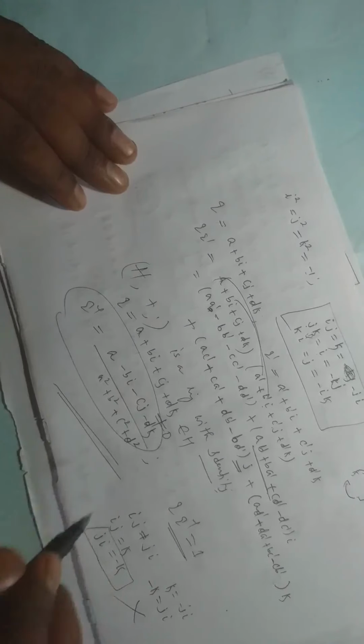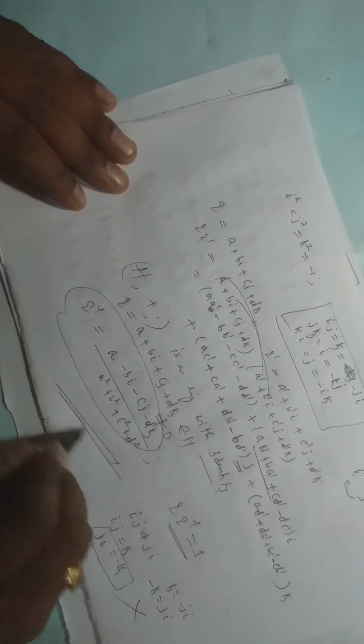Is it clear? Every field is an example of a division ring, but this is an example where it doesn't satisfy the commutative law. Is it clear? So then again, I had posed one more question.